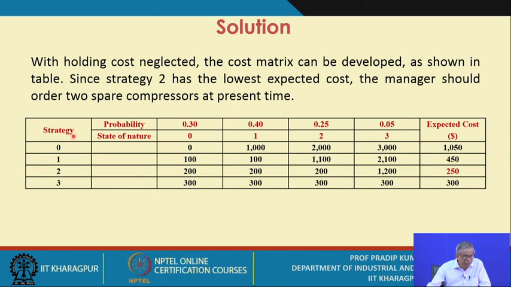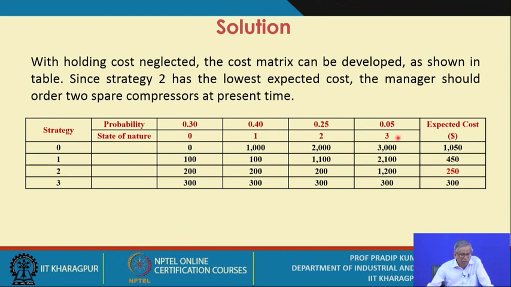So, here we have the ordering strategies, depending on how many possible failure levels you have. That is referred to as the state of nature. Either there could be 0 failures, 1 failure, 2 failures or 3 failures.